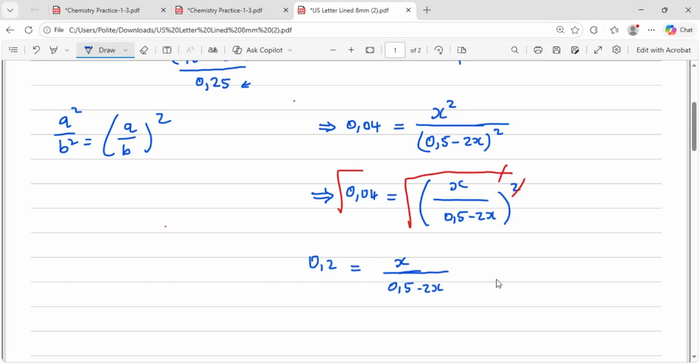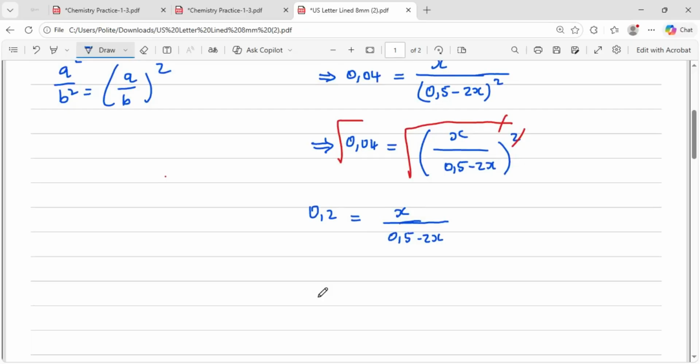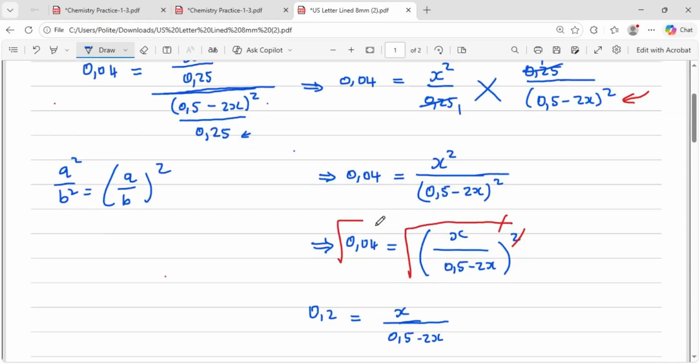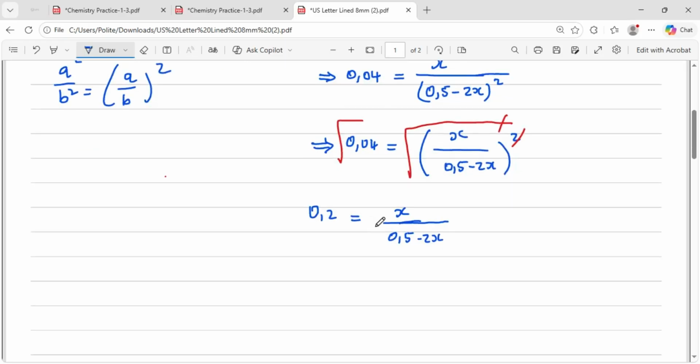You don't have to show all this in your workings. Just do this on your question paper, give them the answer, definitely get all the marks, because in most cases there's no mark for all the steps that you are doing. But in order for you to know the number of moles, you need to do the steps.